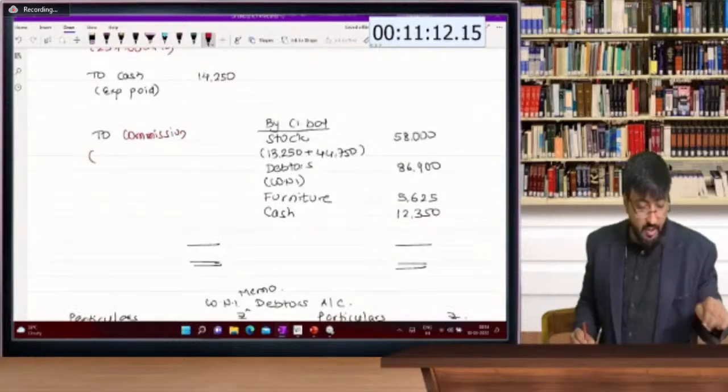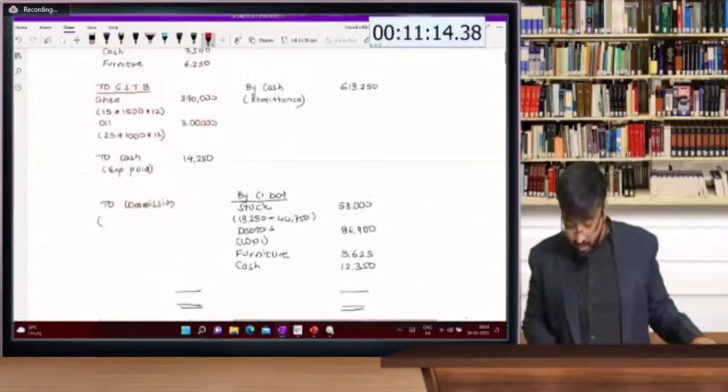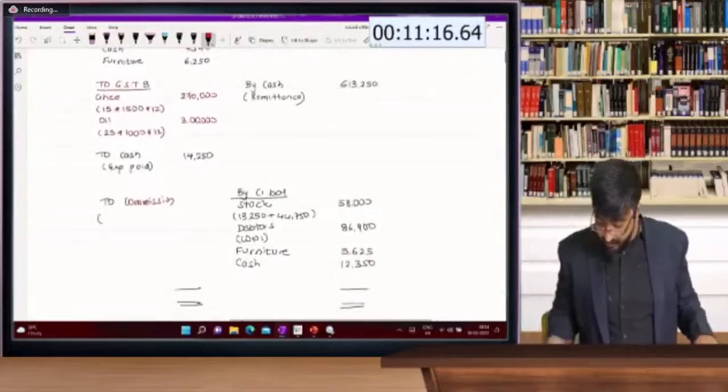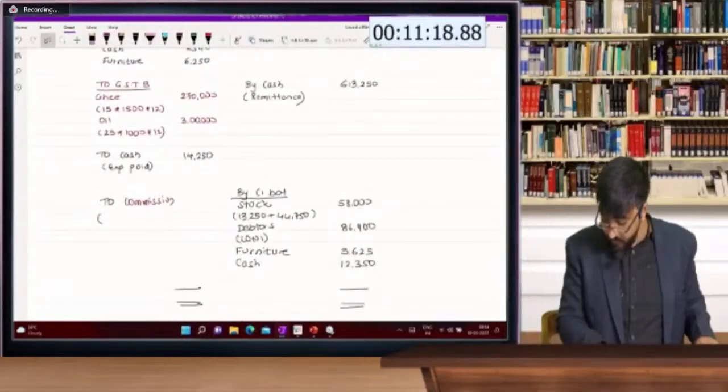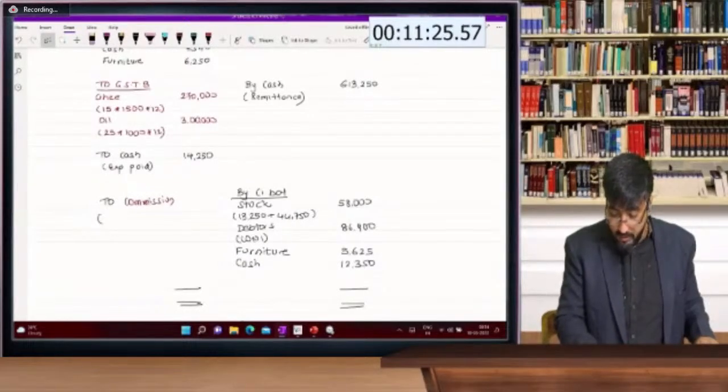Now this commission, branch manager commission, you will first calculate profit before commission on calculator. Yes, take on calculator. 613.25 plus 58 plus 86.9 plus 5.625 plus 12.35.